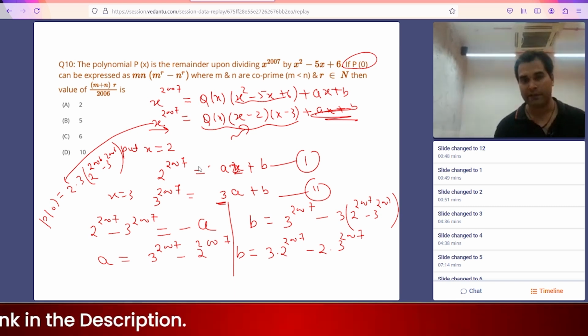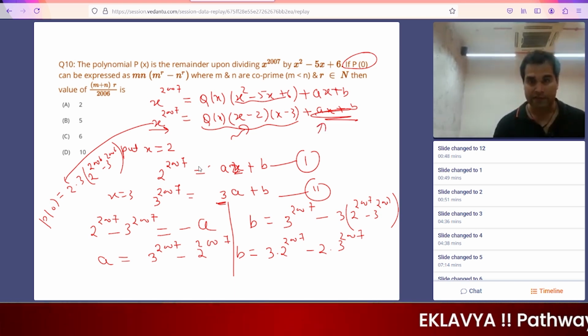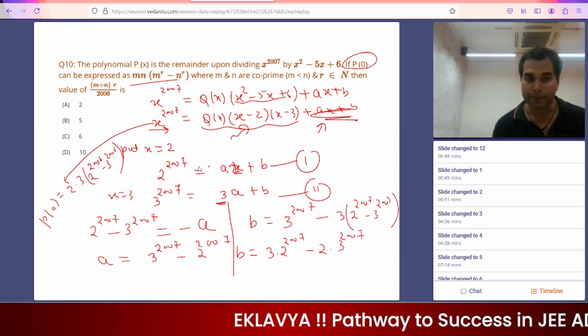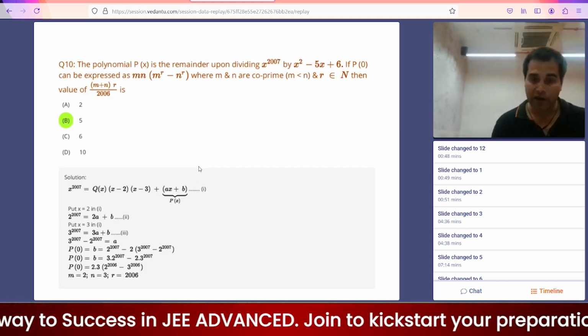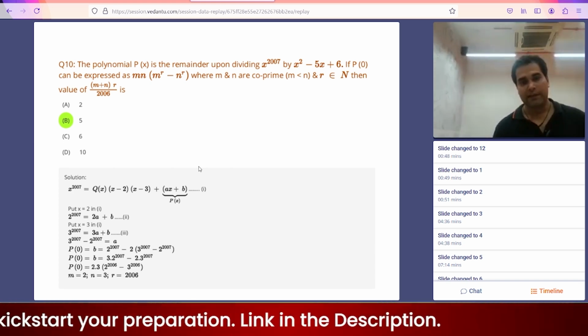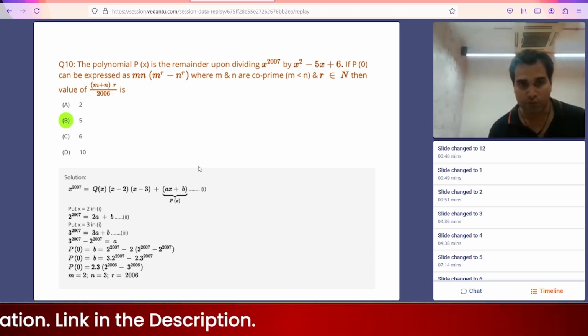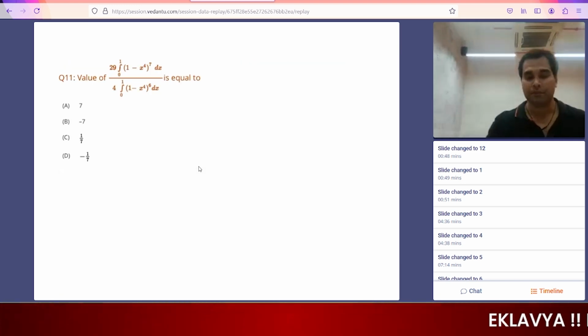It's okay. Here we put x as 0 because ax is 0. Now compare this equation: m and n are 2 and 3, and r is 2006. Substituting the values of m and n, we get the answer 5.